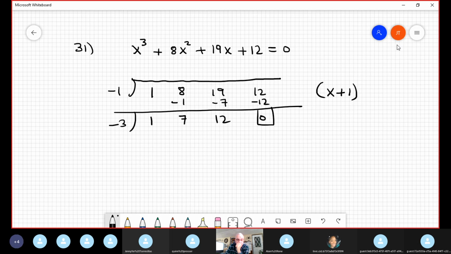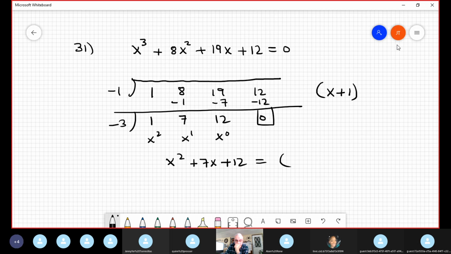Okay, at this moment, we have a quadratic. Well, another possibility is factorization, which is super easy. Look at that. This is x to the 0, this is x to the 1, and this is x to the second. This trinomial is x squared plus 7x plus 12.